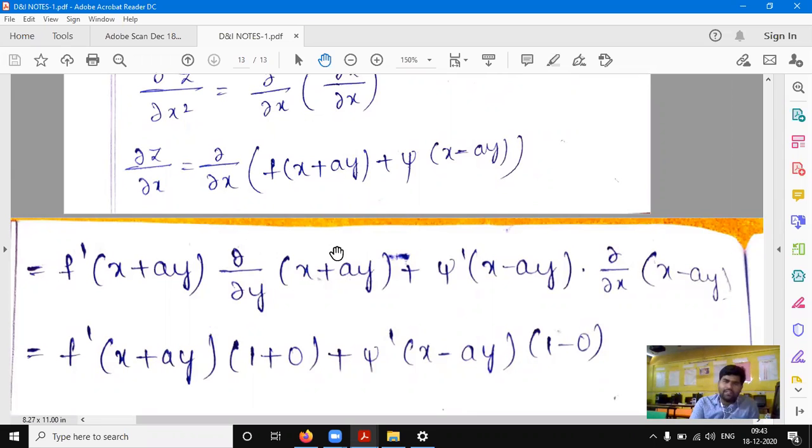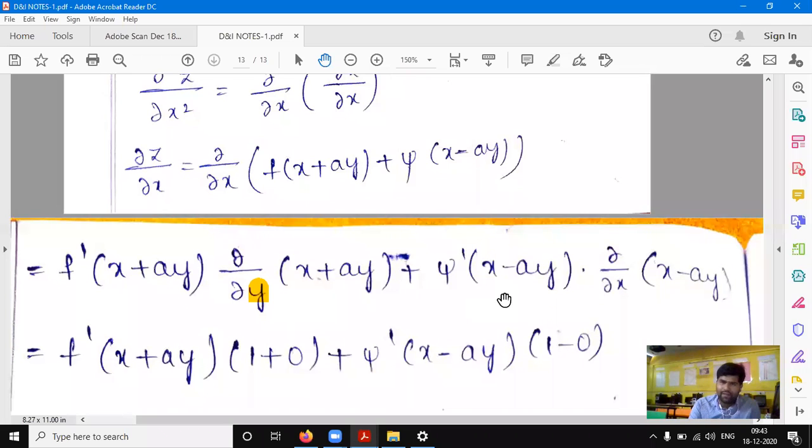So how do we differentiate with respect to x? It is f'(x + ay) into ∂/∂x of (x + ay), plus ψ'(x − ay) into ∂/∂x of (x − ay).